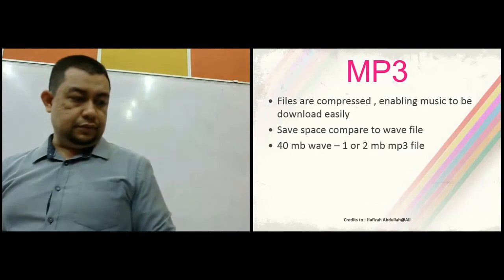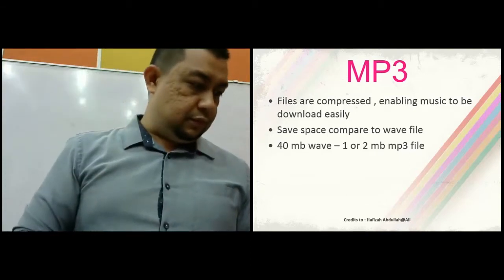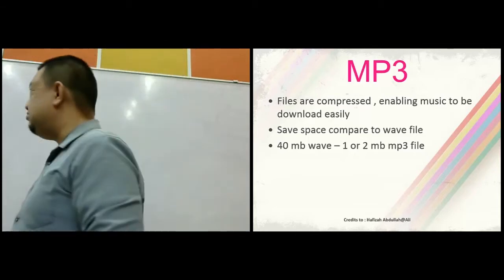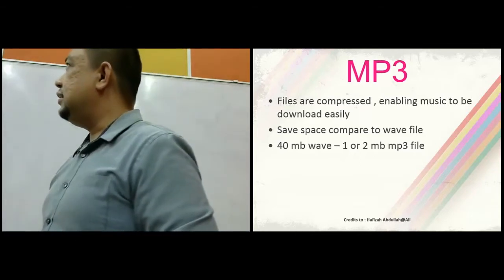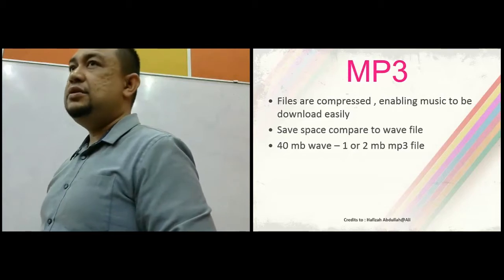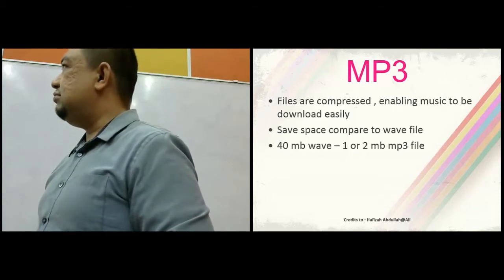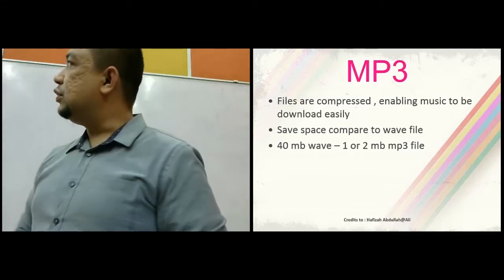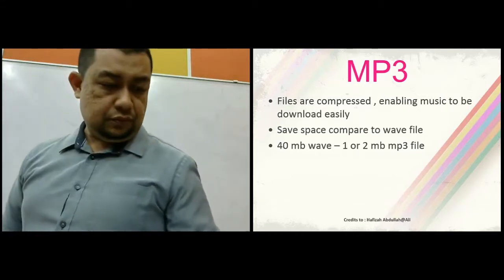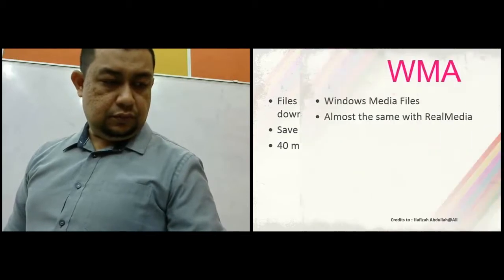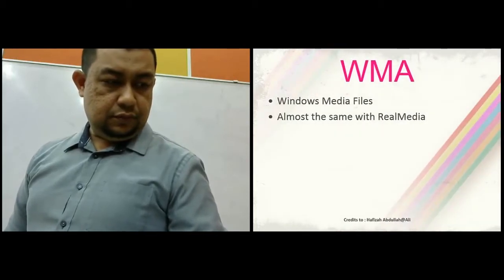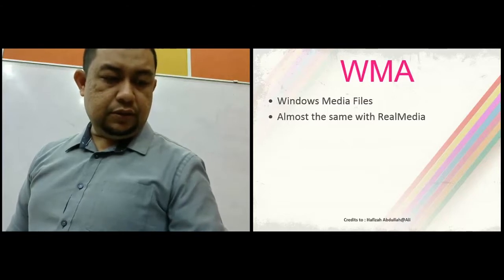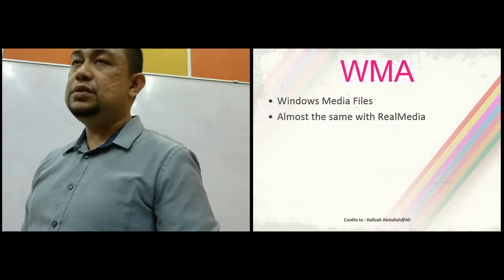Like we discussed before, MP3 is compressed, enabling music to be downloaded easily. It saves space because of the size compared to a WAV file. OGG is not that popular, but you still need to know about this file format.